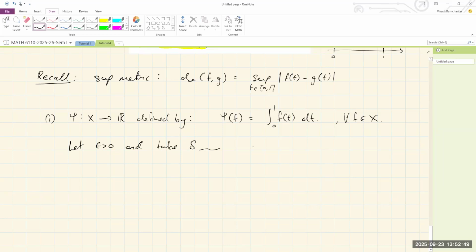So I'm going to take some delta such that for, I don't know what x is, right? So x here is just any metric space (X, d), such that the distance between these two functions f and g, with respect to the X metric, is less than delta.